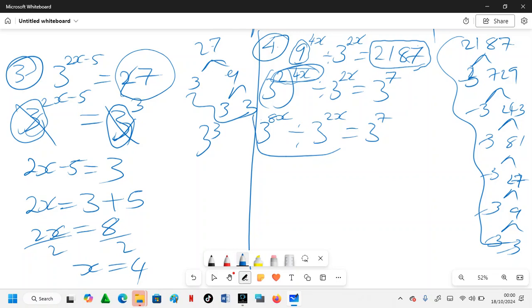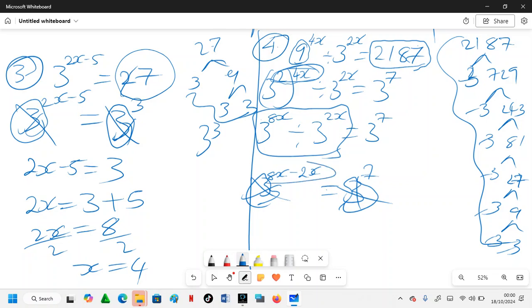Then we are applying the law of division, so 3 to power 8x minus 2x is equal to 3 to power 7. So 8 minus 2x, now we can drop the bases because they are the same.